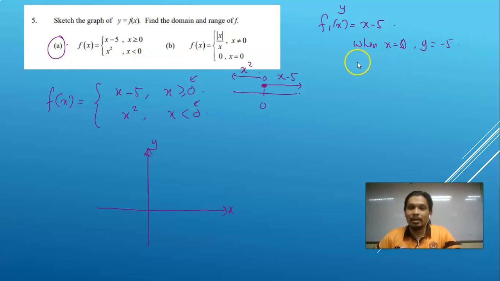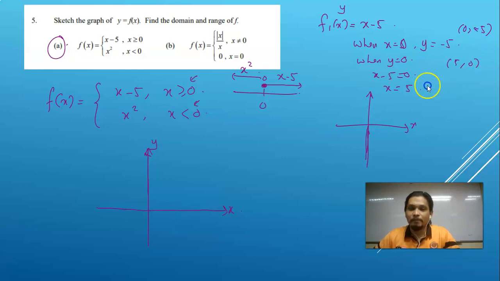And when y equal to 0, that means x minus 5 equal to 0, then x equal to 5. So the first coordinate is 0 and -5, another coordinate is 5 and 0. Where's the coordinate of 0 and -5? Yes, down here. -5, and 5, 0 here.